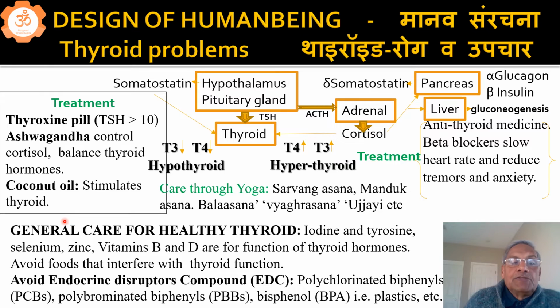The same way, coconut oil also stimulates thyroid, and this gives better results. The thyroid can also be improved upon. Working of thyroid could be improved if we take care.